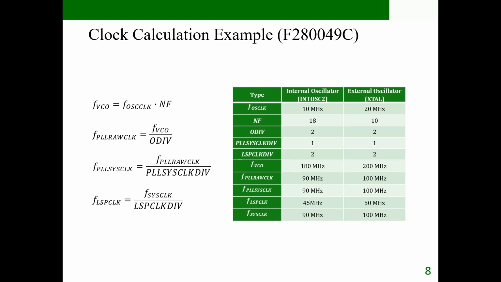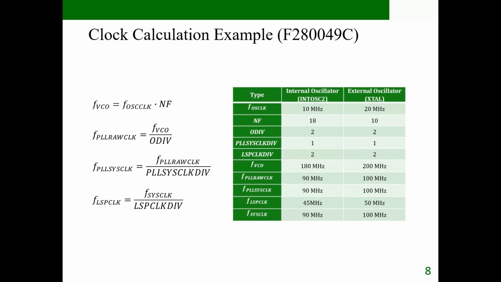Let's now take a look at the case for the external crystal oscillator, which is 20 MHz on the LaunchPad. With an external crystal, the frequency tolerance is very small, on the order of tenths of ppm, so we can safely configure the system for the maximum supported frequency. Setting NF equal to 10 gives a VCO frequency of 200 MHz.